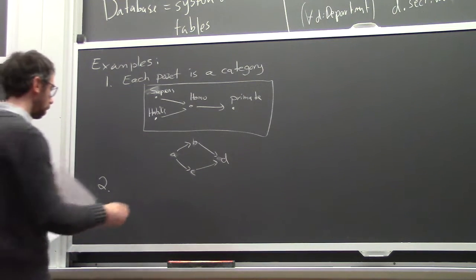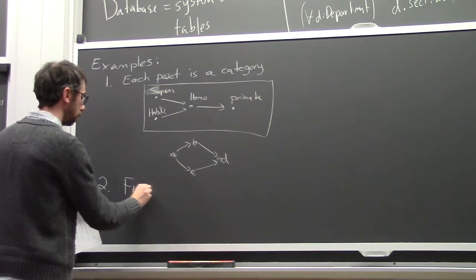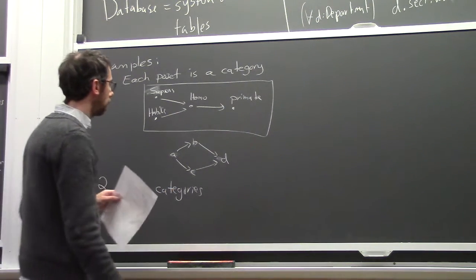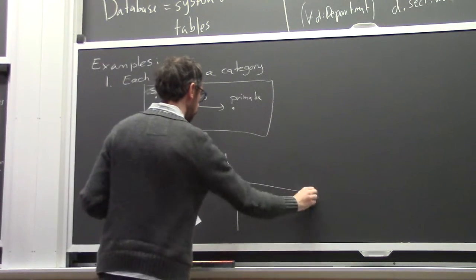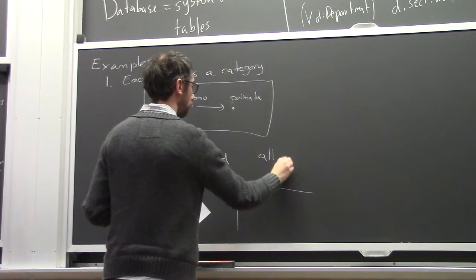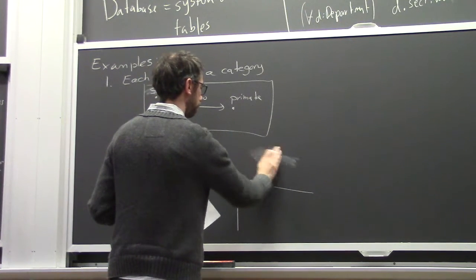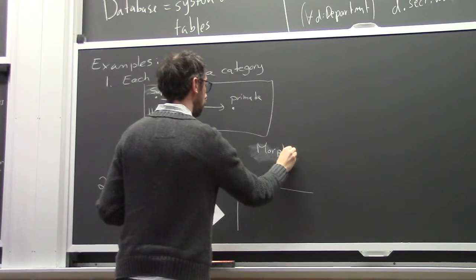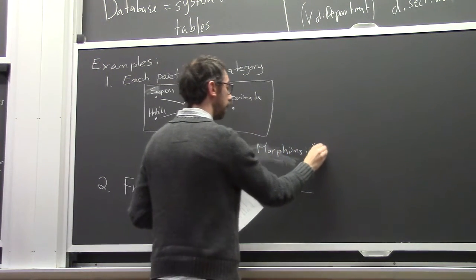Okay, so free categories. So in this one, morphisms are: there exists a path.